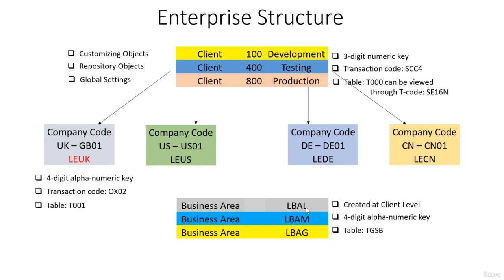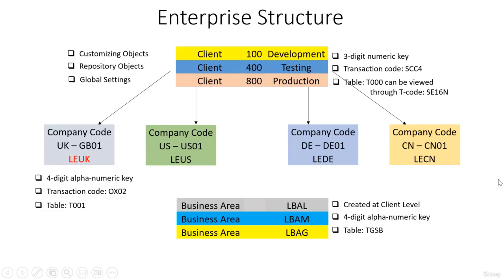These naming conventions are normally given by the business users as a part of business requirements, and you have to gather this information before you start configuring the SAP system.